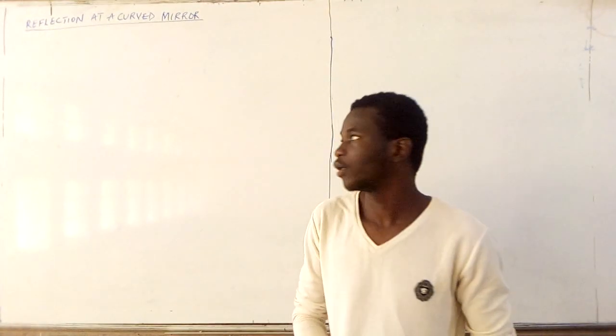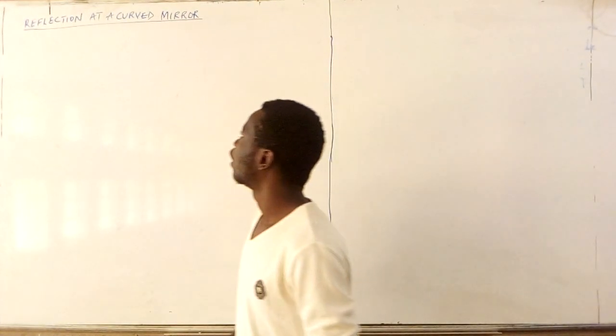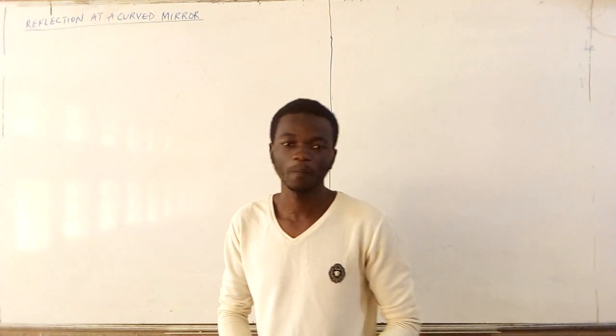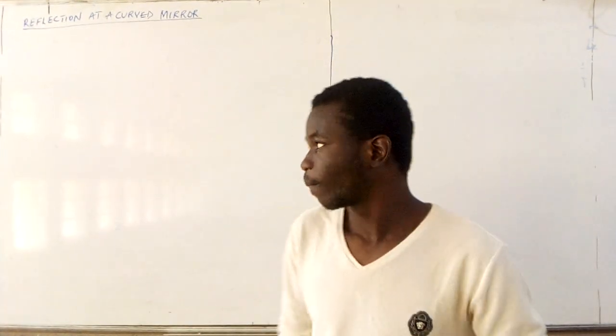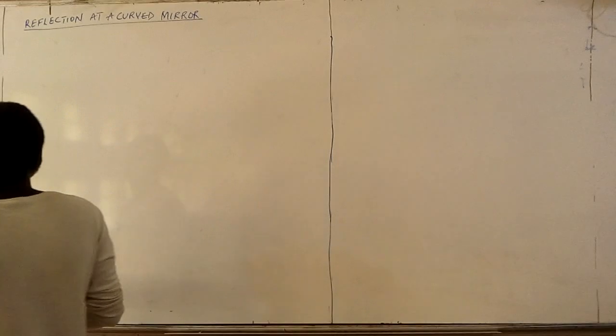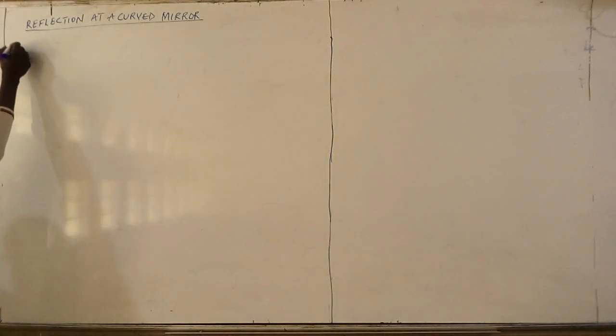Good day everyone. So today in this video we are going to be looking at reflection at a curved mirror. In our last video we talked about reflection on plane surface, that is plane mirror. So now, reflection at a curved mirror, we have two types of curved mirror.